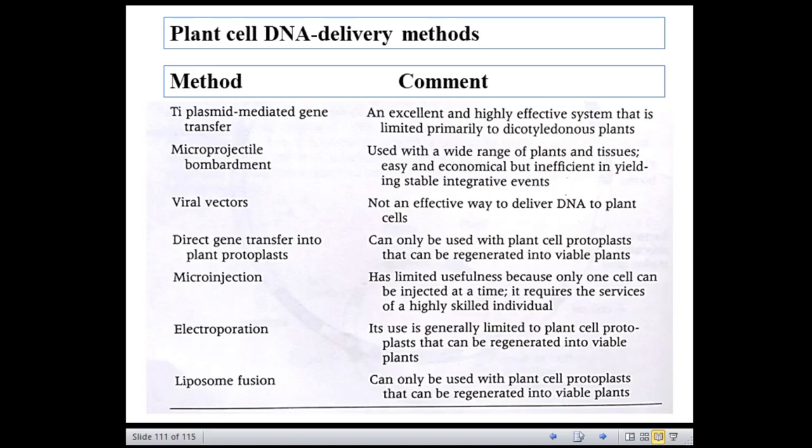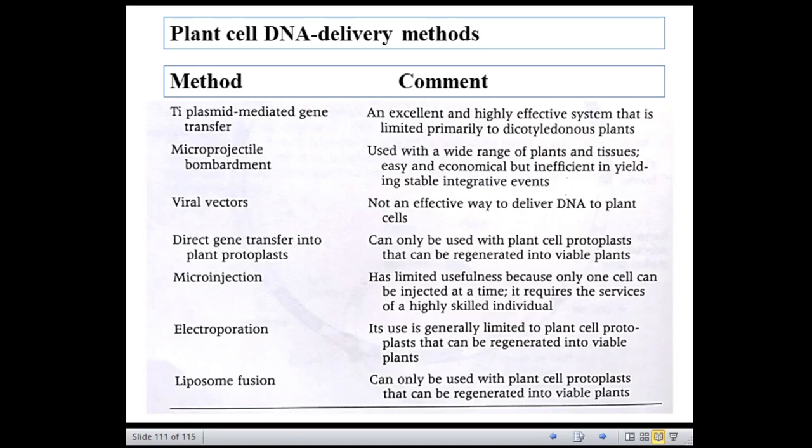These two are the most preferred methods by most of the researchers. The microprojectile bombardment, we also refer to as the biolistic approach. This is supposed to be the most promising DNA delivery system for plants.